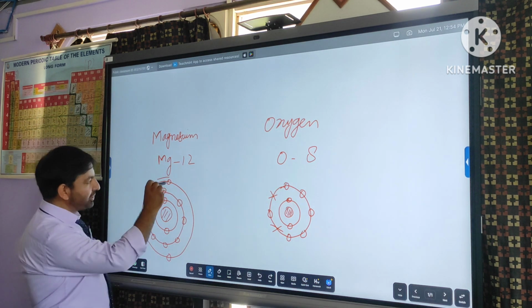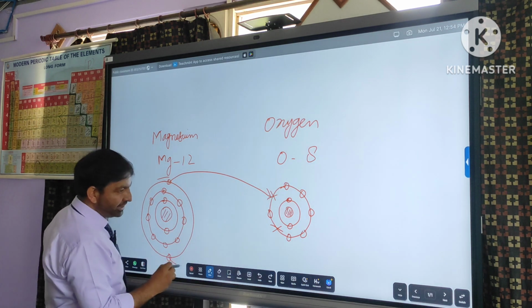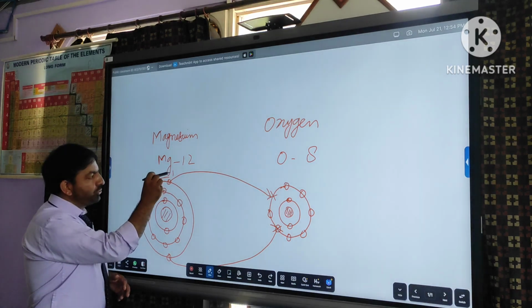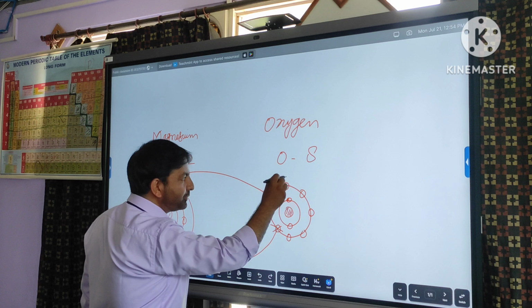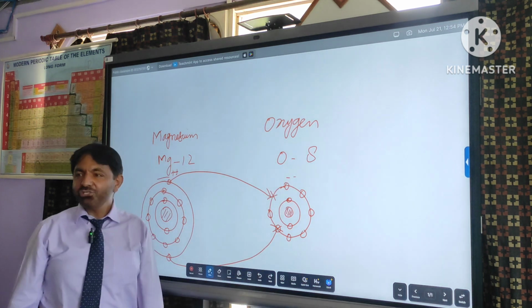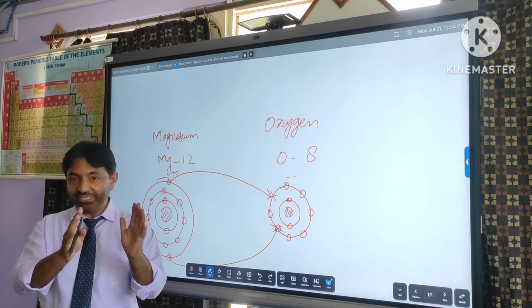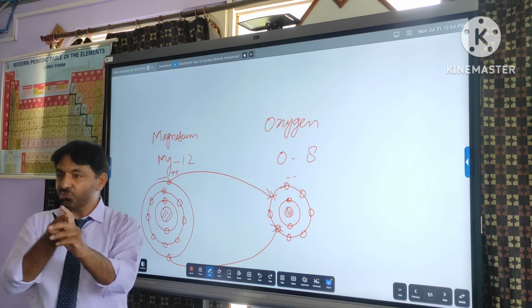So the 2 electrons can be donated so that magnesium attains a double positive charge, and oxygen gets a double negative charge. Positive and negative attract, we know that. That's the reason they remain in compound form. Okay, so this is clear.